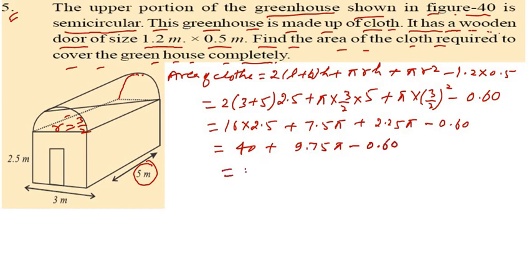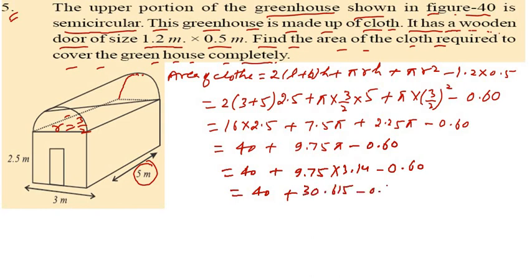Now put the value of pi, so 40 plus 9.75 and it is 3.14 minus 0.60. Now do this one, 40 plus multiply to this one, so it becomes 30.615 minus 0.6.